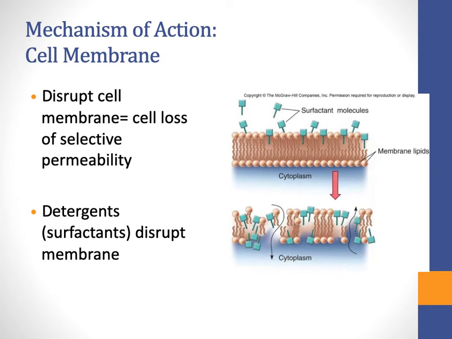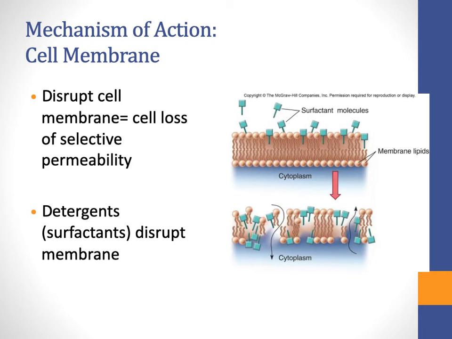So there's several different mechanisms of action. Some of these are kind of redundant to the antibiotics, but these are unique to the physical control. Okay, so mechanisms of action would be disruption of the cell membrane. So just like with the polymyxin, it has a very detergent-like appearance.